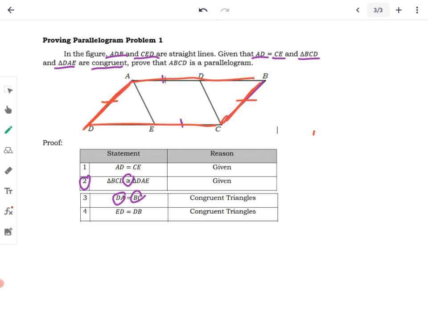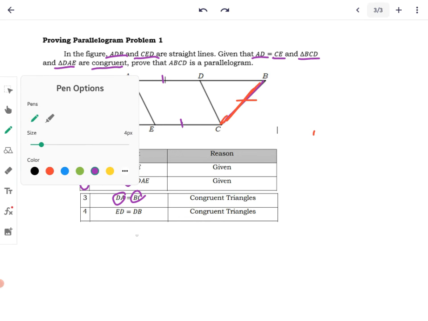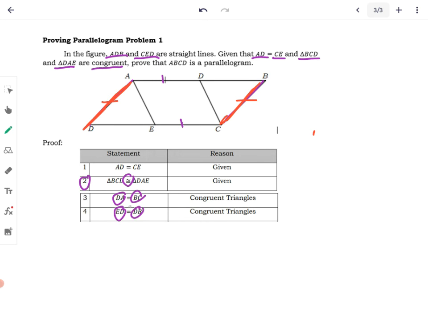We also have ED and DB, because they are parts of the congruent triangles. Look at this, ED and DB, so they are also equal.